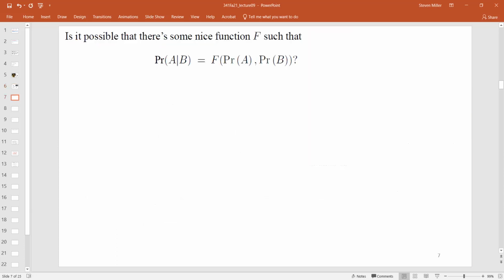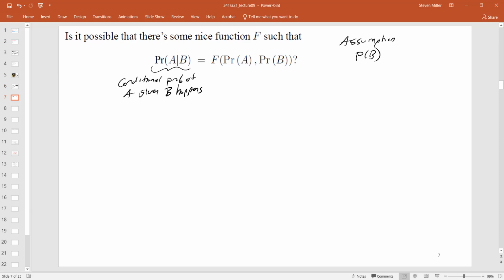All right. So we want to try to find a formula. We're going to write the conditional probability as the probability of A given B. So this is the conditional probability of A given B happens. And we actually are going to make a little bit of an assumption.